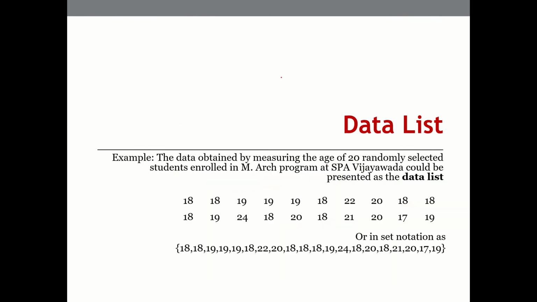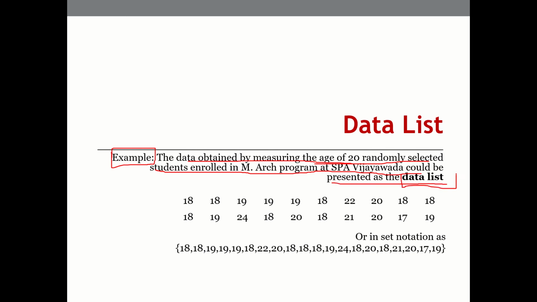Now let us understand how we display the data set using this method. For example, the data obtained from measuring the age of 20 randomly selected students enrolled in the MARC program at SPA Vijayawada could be presented as a data list.